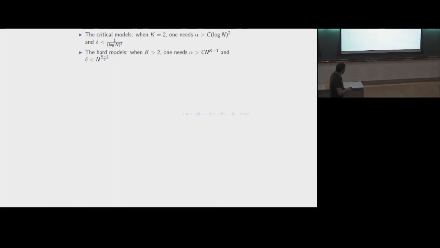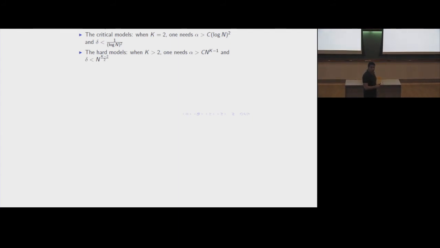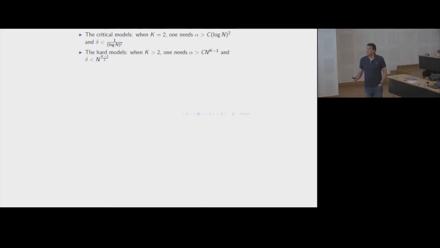Now what we have is that it has to be larger than a constant times n to the p minus 2, so the threshold is sharp. And you need the step size to be really very small. Of course you can afford a very small step size because you have a lot of data.